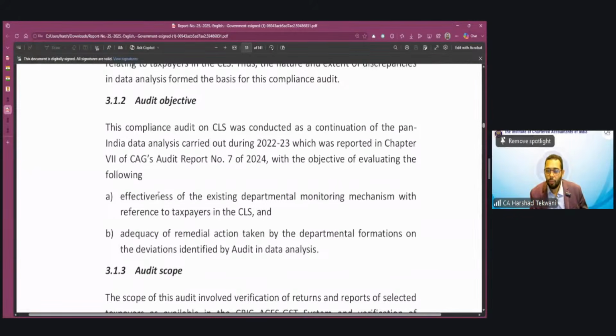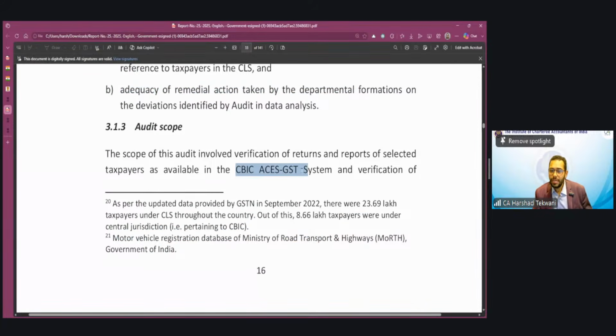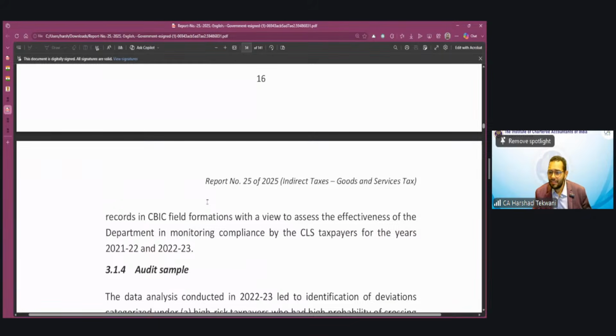What is the audit objective over here? The audit objective is to evaluate the effectiveness of the existing departmental monitoring mechanism, and the adequacy of the remedial action taken by the department. The scope is CBIC, ACE, GST system and verification systems.